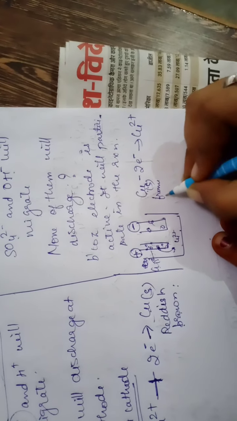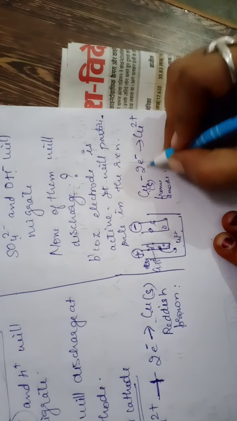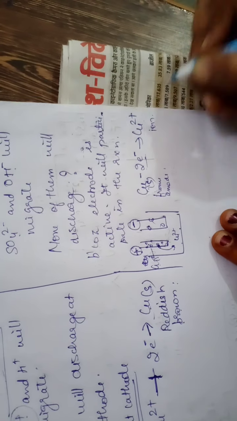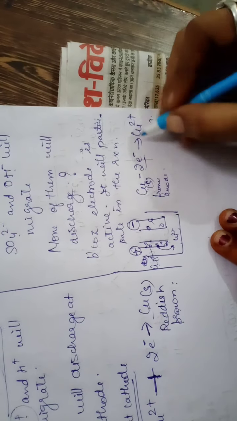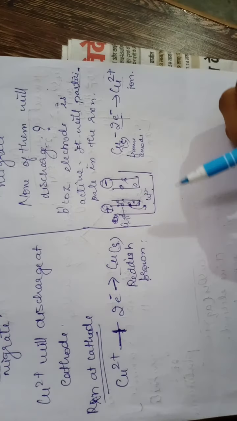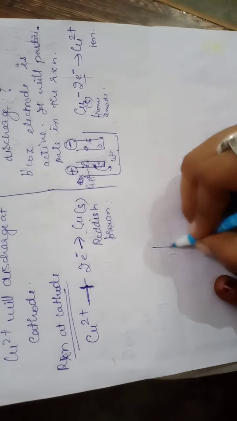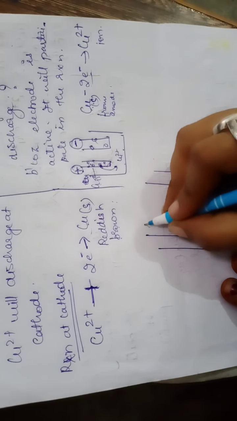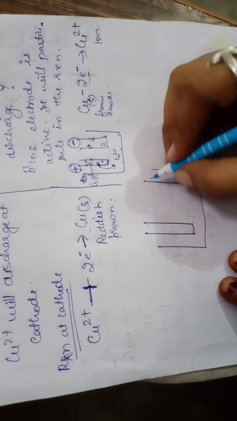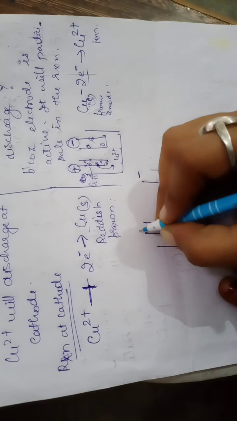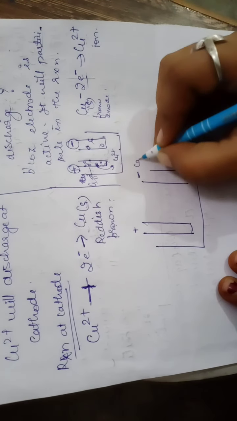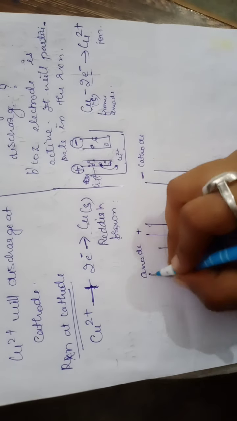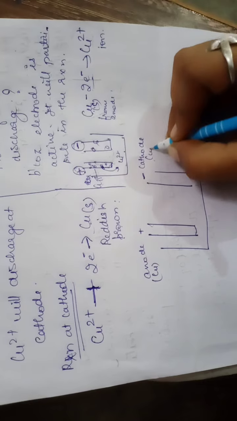It will lose 2 electrons and form copper 2+ ions, that is, cations. Why will it do this? Because it will compensate the loss. Children, in this electrolysis you need to remember one thing: cathode and anode, both of them are active, made up of copper.